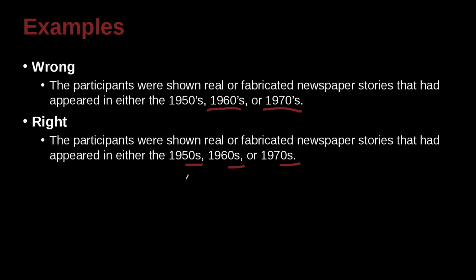Because what we're saying is it's plural. This is 1951, 52, 53, something inside of there. Of course, it's possible it could be all the way up to 1959, something inside of that range. So all of those years are plural, but you do not need the apostrophe. Just add the S.